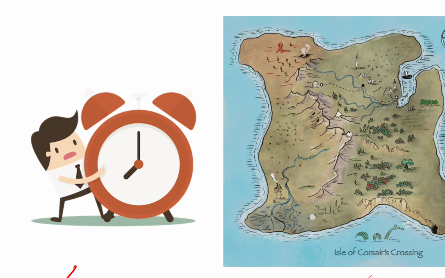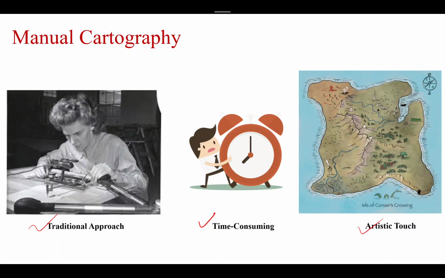These features are an artistic touch by the cartographer. Something that I like to do in class is I ask all the students to draw a tree. So when I ask them to draw a tree, somebody would draw the tree this way, somebody would draw a tree this way, somebody can draw a tree maybe in this way, like a coconut tree, right?